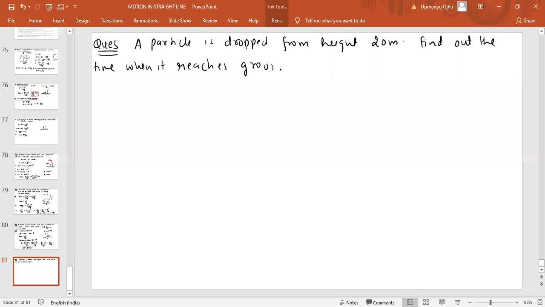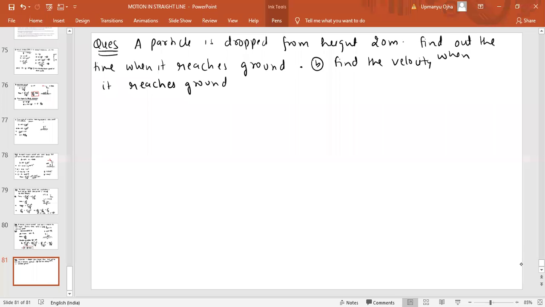And you have to find the second part in this: find the velocity when it reaches ground.